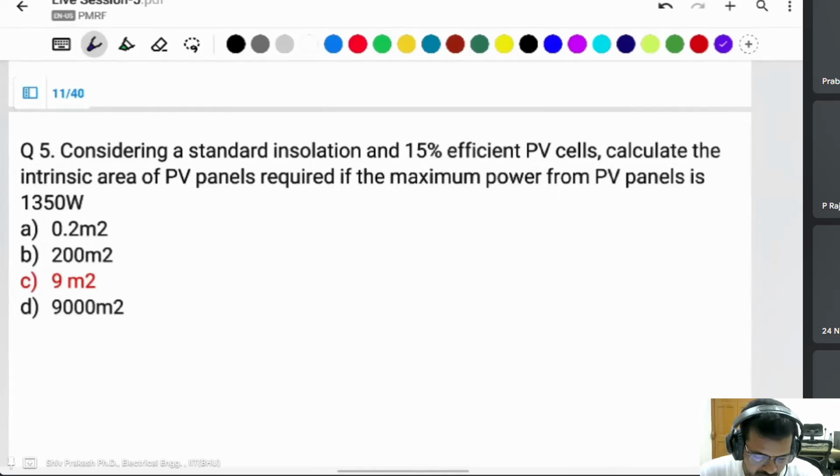Next question: consider a standard insolation and 50% efficient PV cells. Calculate the intrinsic area of PV panels required if the maximum power from the PV panel is 1350 watt.